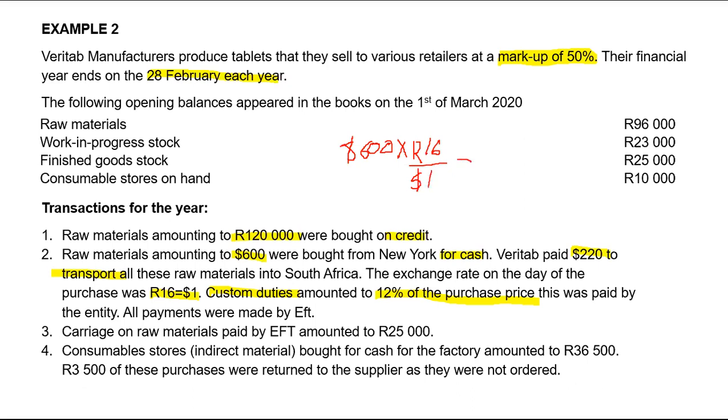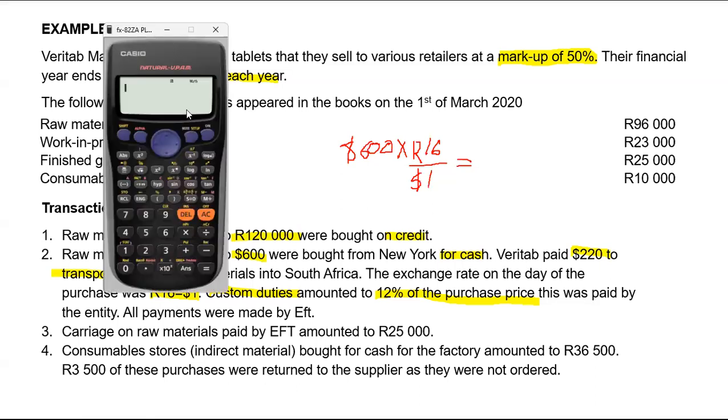Now, how much will those give us in rands? It will be $600 multiplied by 16 divided by 1, which is 9,600.